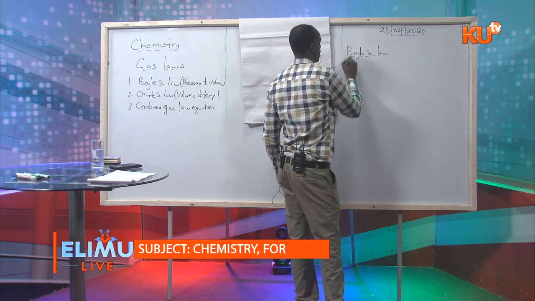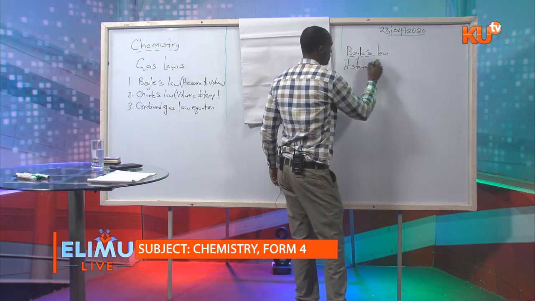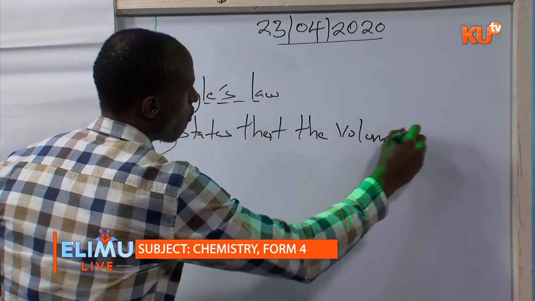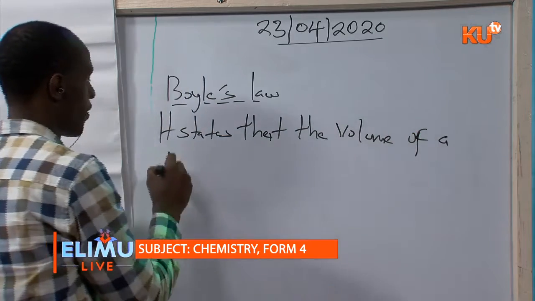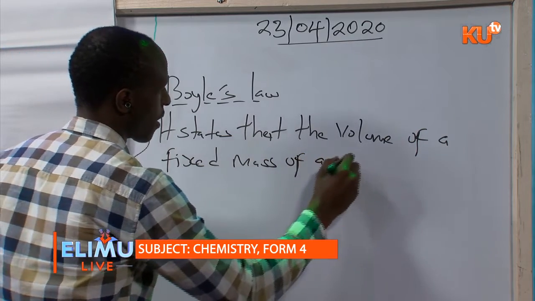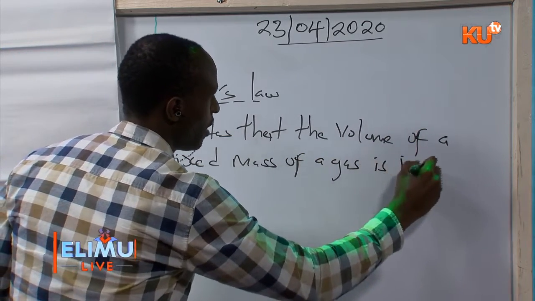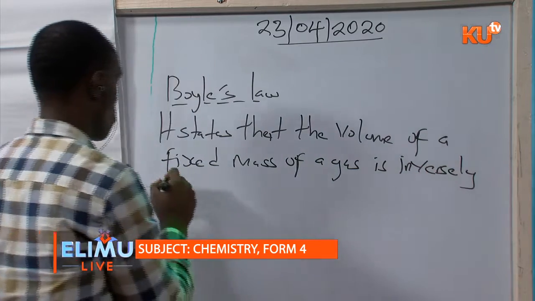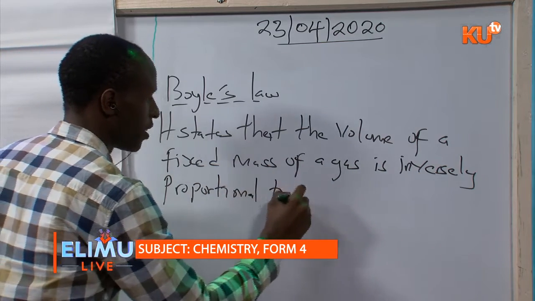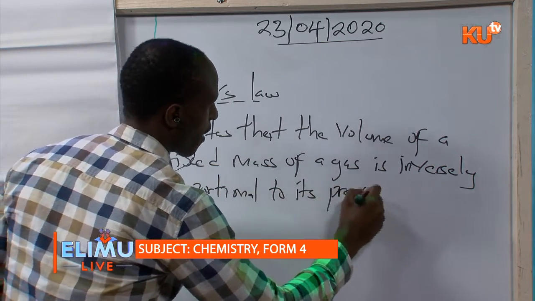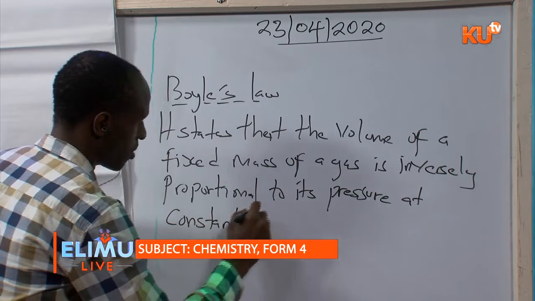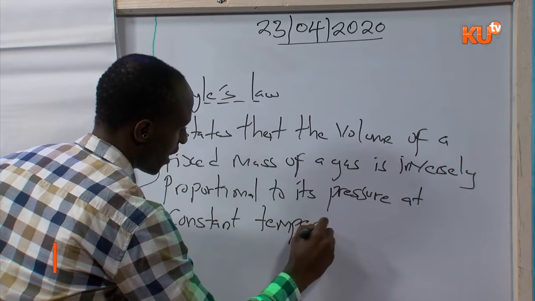Boyles Law states that the volume of a fixed mass of a gas is inversely proportional to its pressure at constant temperature.